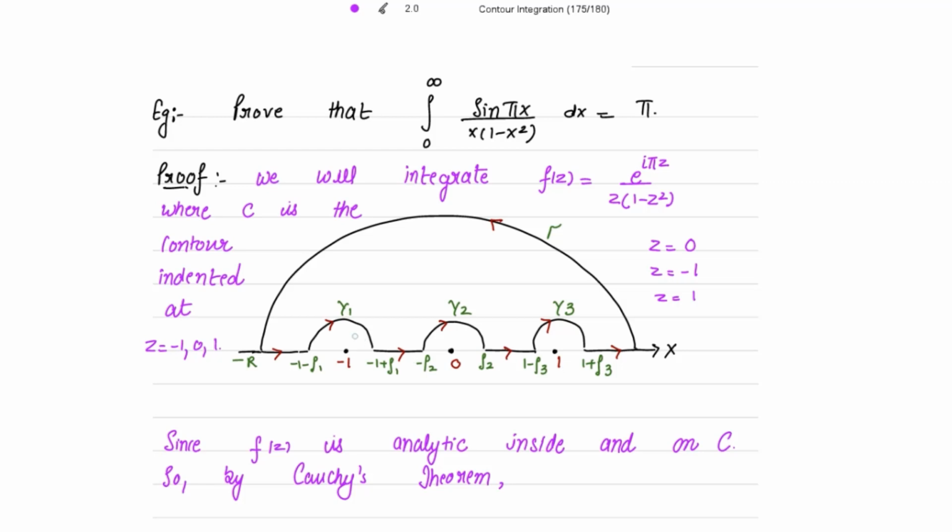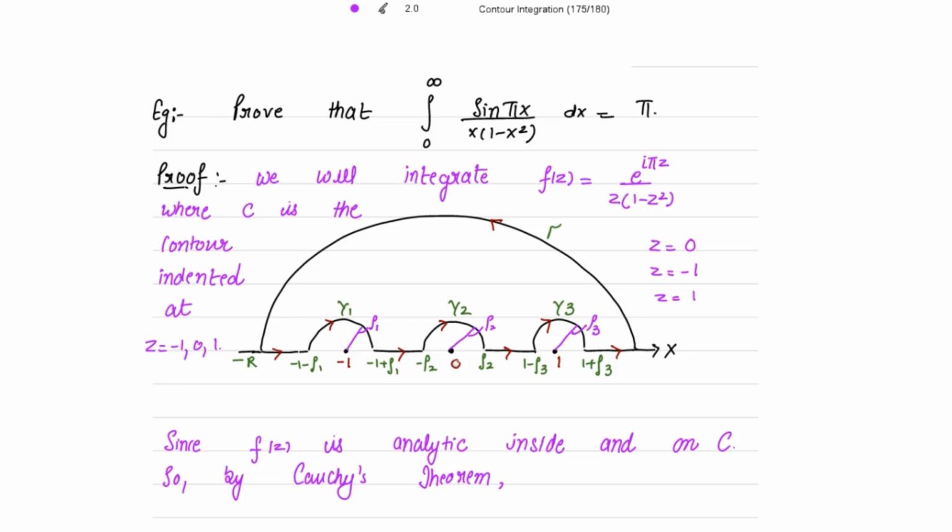So for that I'm having 3 smaller semicircles, gamma 1, gamma 2, gamma 3, having radii rho 1 for gamma 1, rho 2 for gamma 2, and rho 3 for gamma 3.